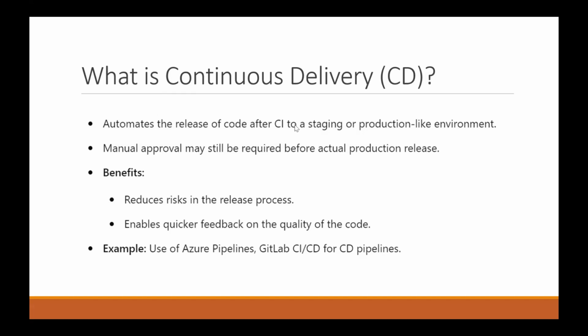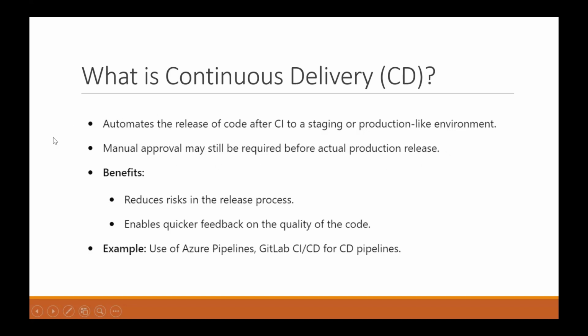Okay, once your continuous integration pipeline is successful, only then will continuous delivery and continuous deployment come into action. So this automates the release of code after CI to a staging or production environment. Manual approval may still be required before the actual production release.